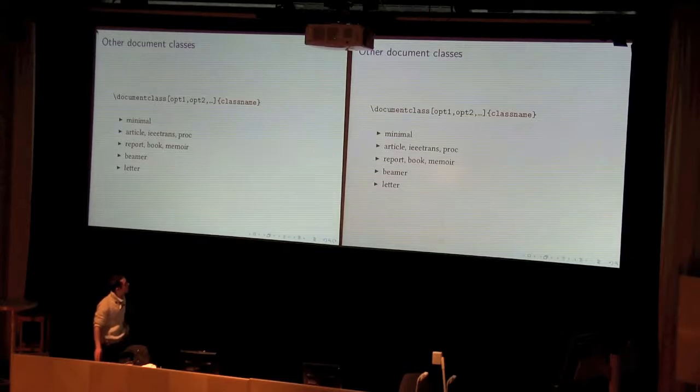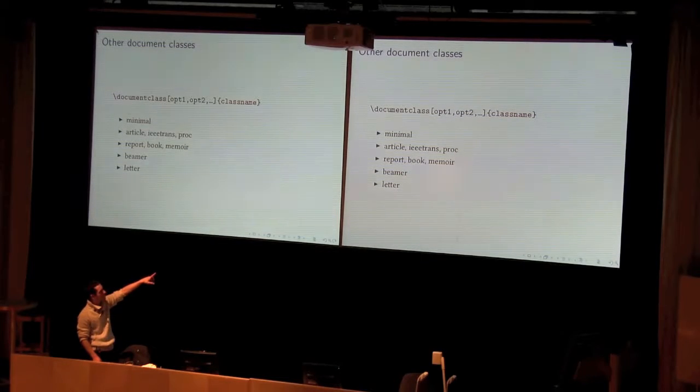So we have plenty of other document classes, so you can replace the class name by whatever you want. Minimal is meant for testing. You will see it in exercises that I will put on the web. Then you have article, IEEE trans and proc, which are mostly the same.